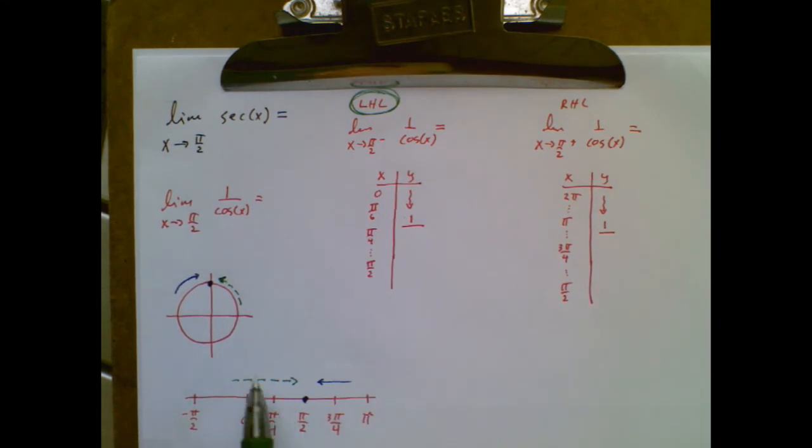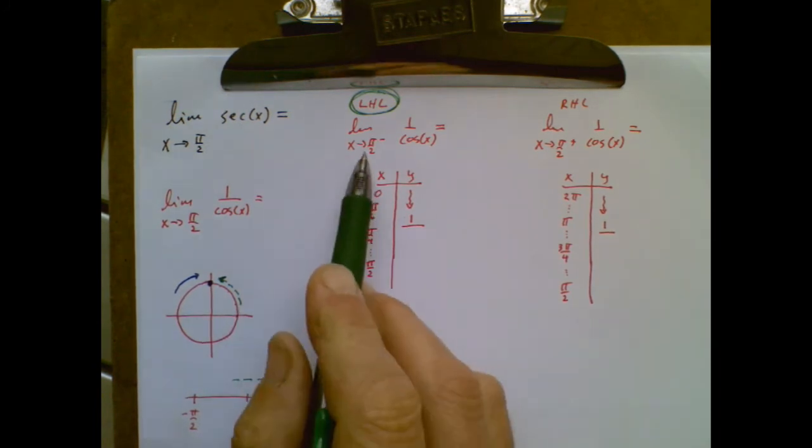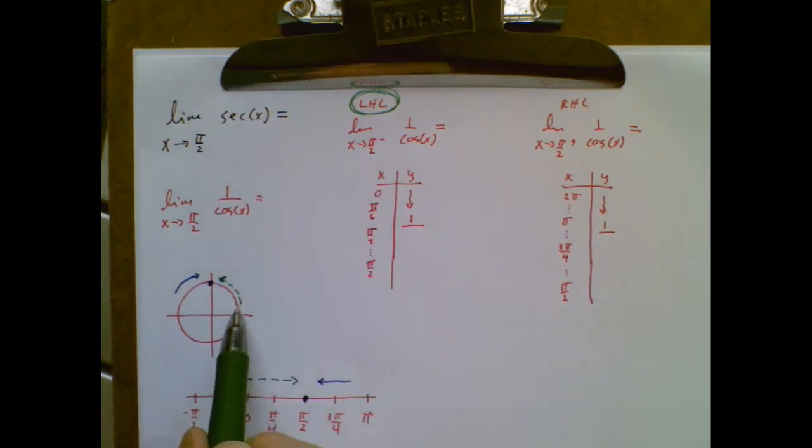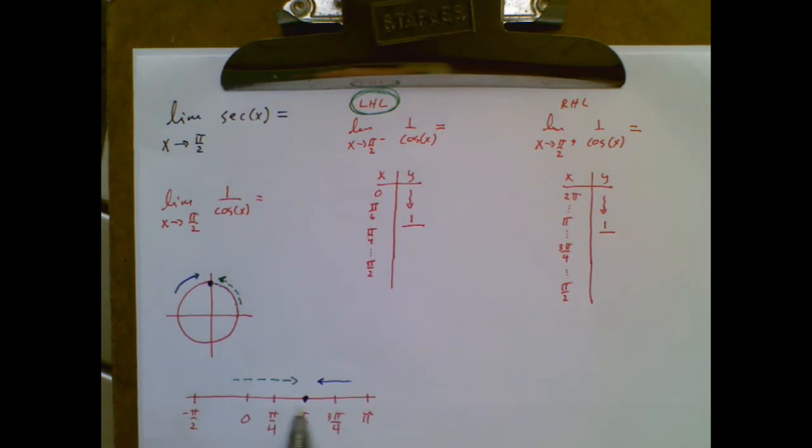But be careful, because you like to think of trigonometry in the unit circle, and from the negative side on the unit circle, you approach from over here, because here's 0, pi over 6, pi over 4, pi over 3, pi over 2. So it's counterintuitive. Approaching from the left on the unit circle, you're physically on the right side. So notice this makes sense on the number line. It bends your brain on the unit circle.